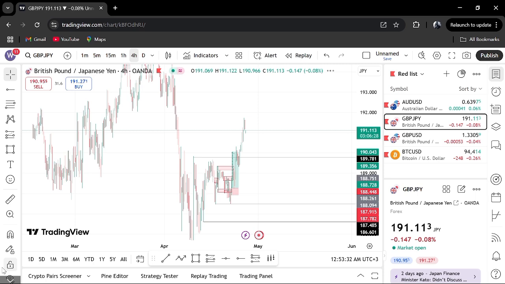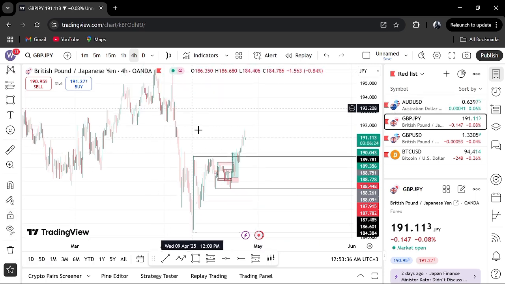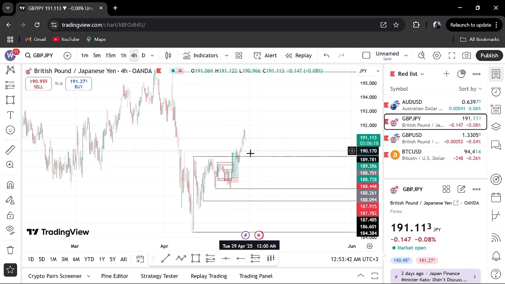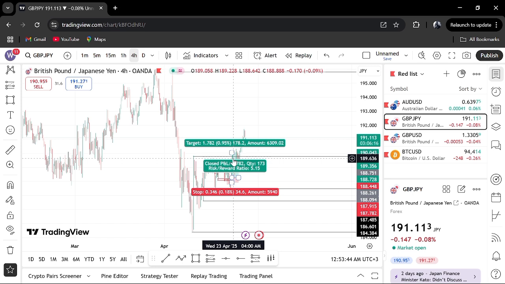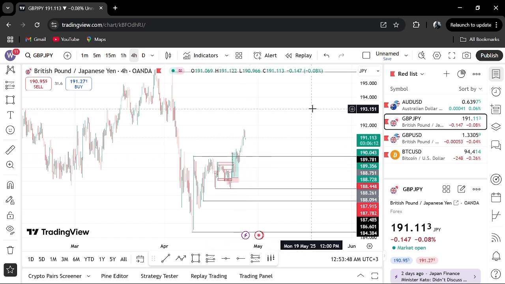Then we reset. We can see last week it was a downtrend, but it's now an uptrend, because here is our 4-hour level of last week on Wednesday. It was broken on Friday. On Friday a new level has been formed.